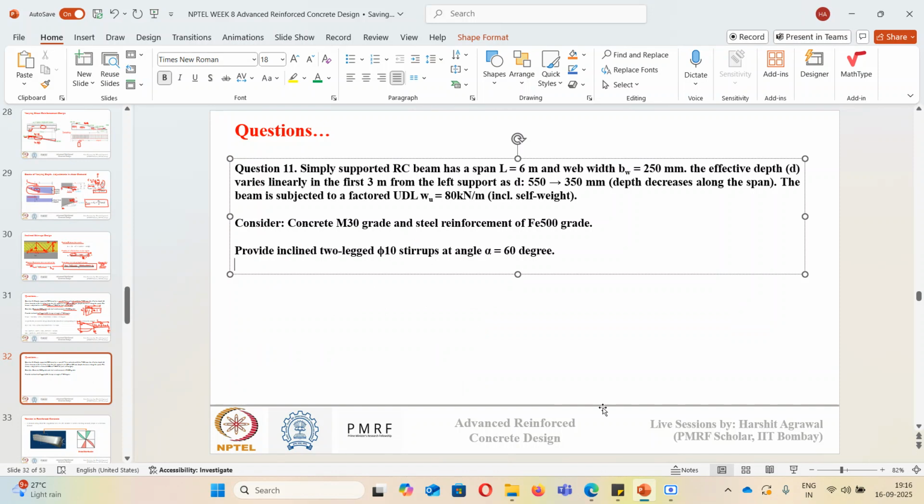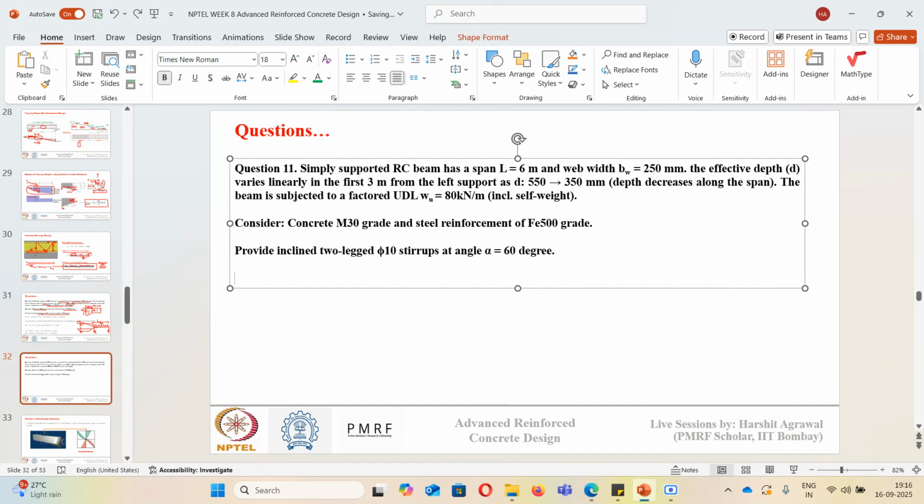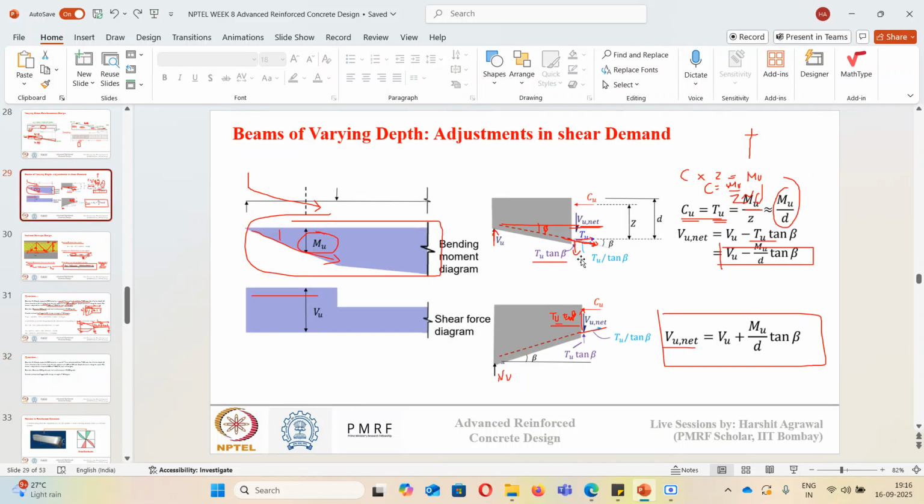Next, we will design. How will I estimate the Vu net? Since the depth is reducing in the direction of shear, we need to use the plus case.